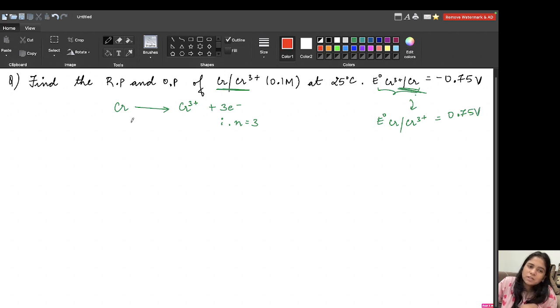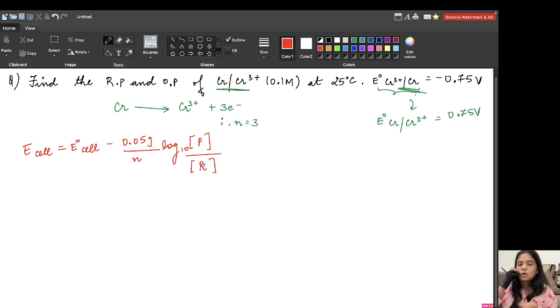Just substitute everything in the formula. E of cell is equal to E naught cell minus 0.059 by N log base 10 concentration of product by concentration of reactant. Now this is your main reaction. Your main reaction is Cr3 plus. E naught cell is already given, 0.75 volt.